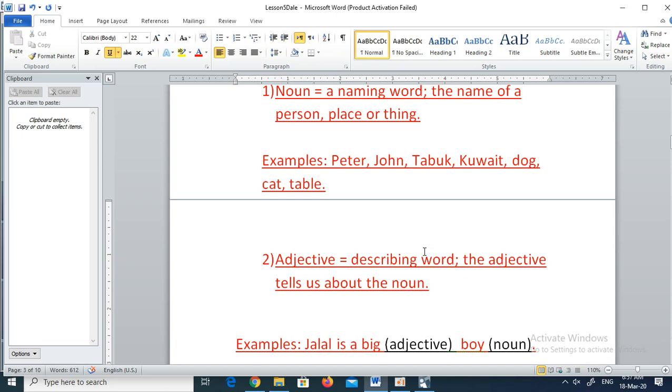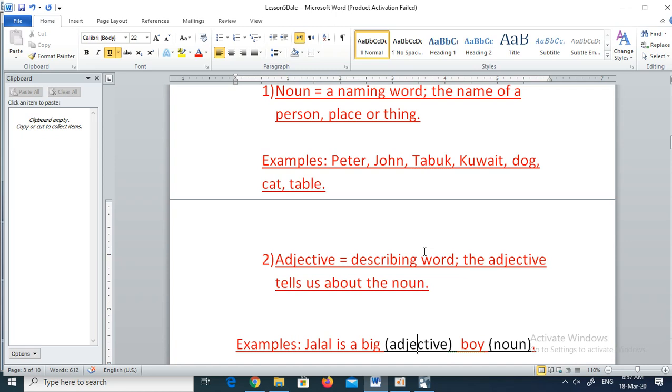So Peter and John are nouns because they are the names of people. Tabuk and Kuwait are nouns because they are the names of places. Dog, cat, table, those are all nouns because they are the names of things. Okay, so that is our first note for the grammar.